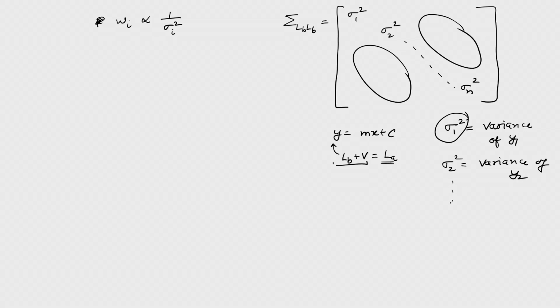Sigma 1 square is the variance of y1, sigma 2 square is the variance of y2, and sigma n square is the variance of yn, because we do not have any estimate of this. Now, how to assume? There are three ways. First, if I am using some instrument, I know what could be the probable error there. So, suppose a total station, I know the specification of the total station.